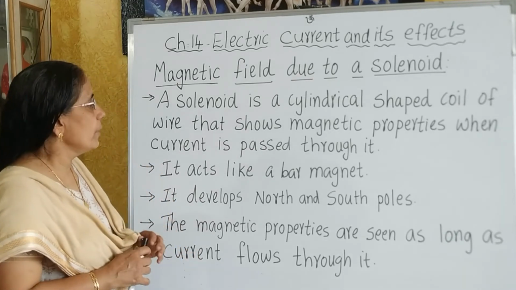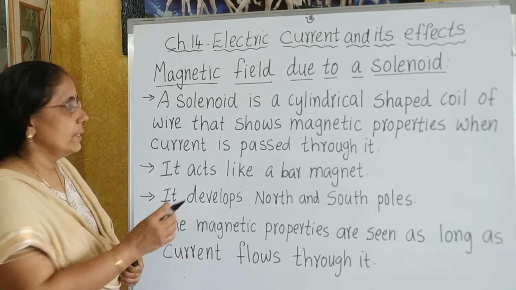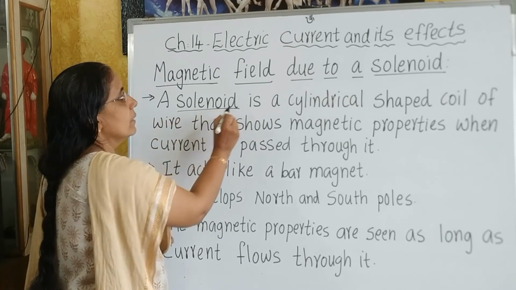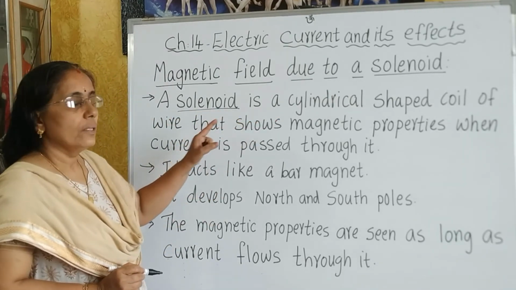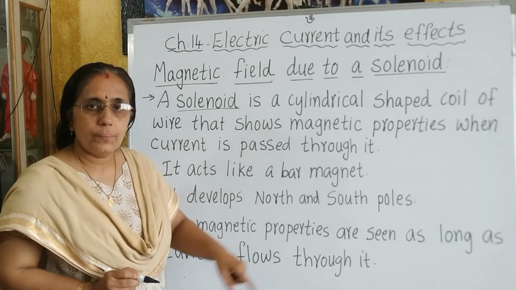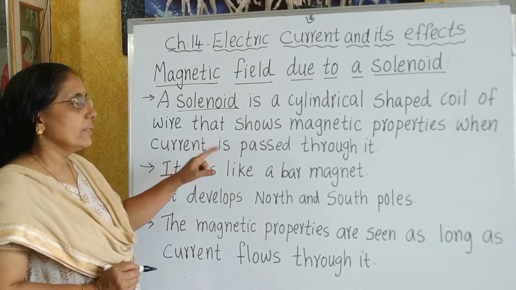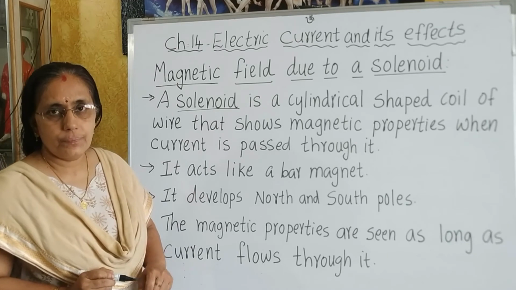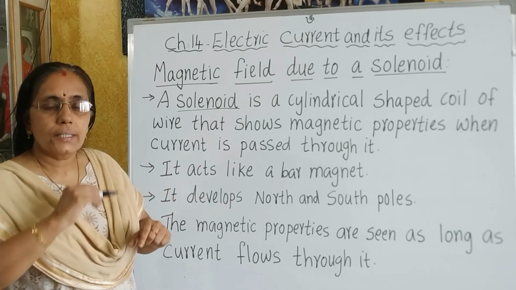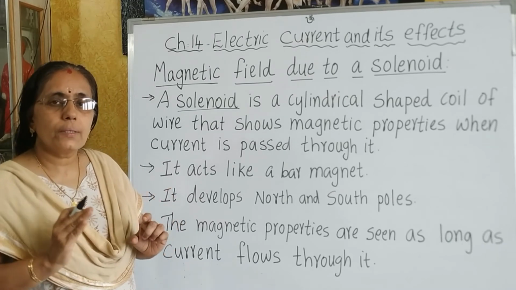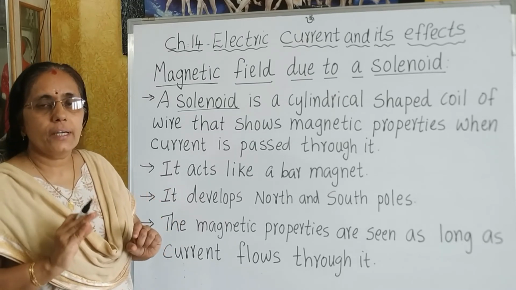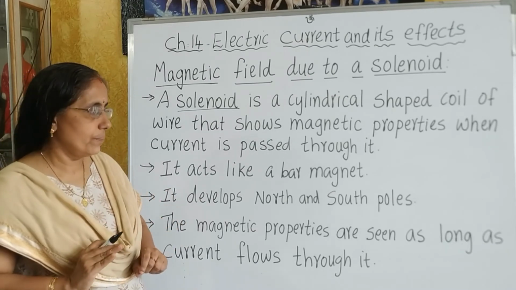So what is a solenoid? A solenoid is a cylindrical shaped coil of wire that shows magnetic properties when current is passed through it.